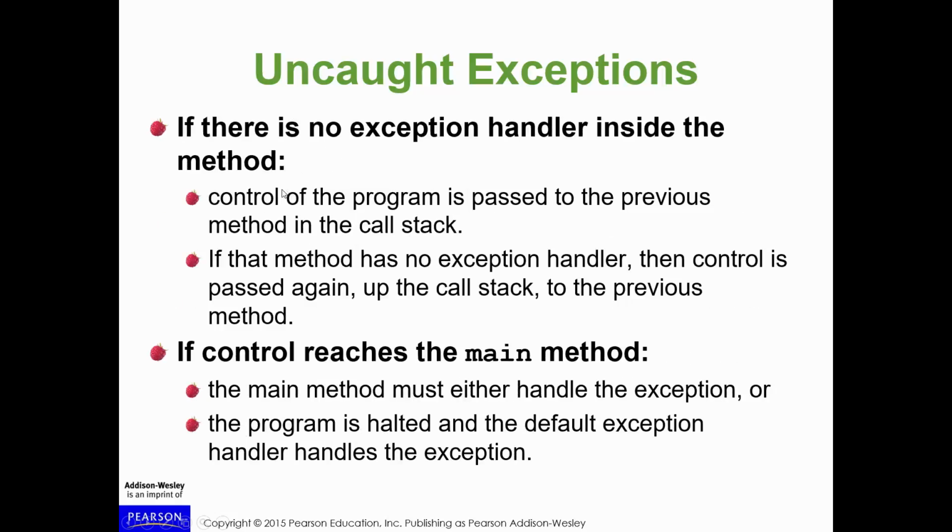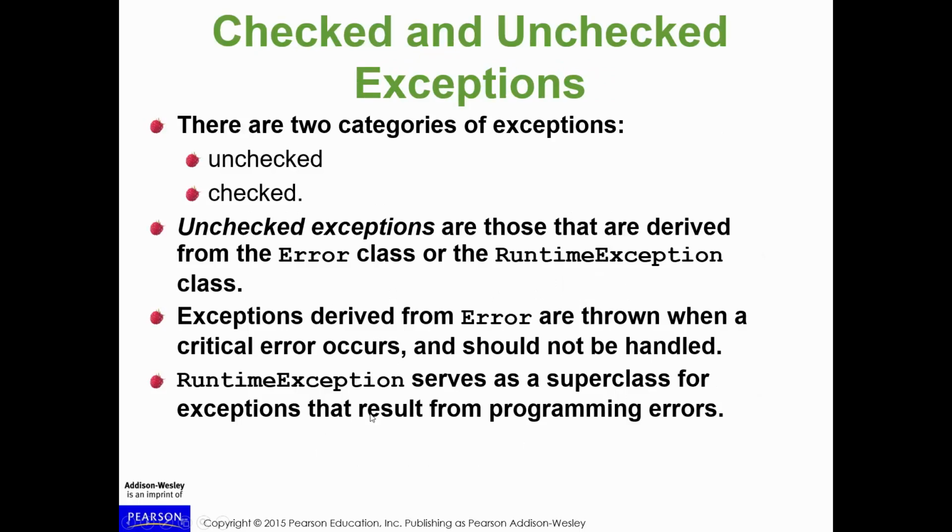If it doesn't find one, it goes up the call stack to look in the method that called that method. If it doesn't find it there, it looks in the method that called that method, etc. If it gets all the way up to main, either main must handle the exception or the program will error out and crash. All right.